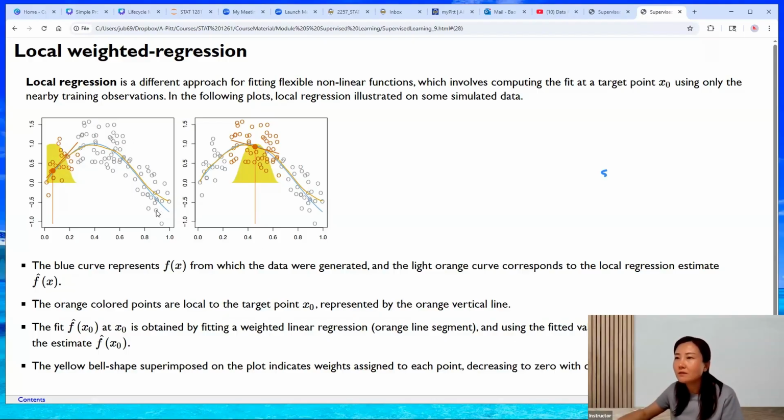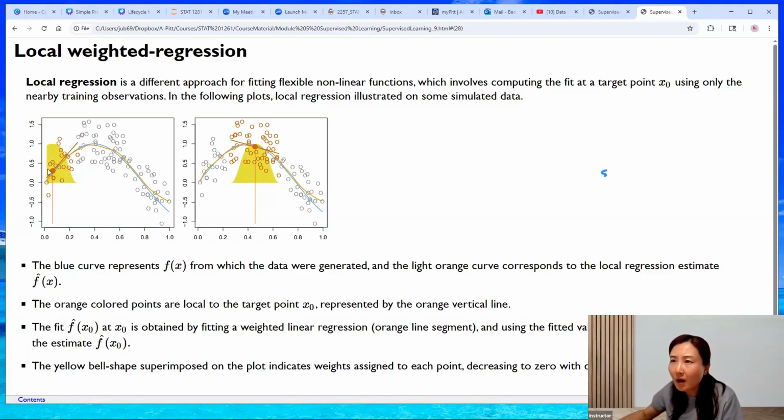Let's see this. This is a simulated data set. The blue curve corresponds to the true relationship, the true function between x and y. The orange curve is the fitted local weighted regression line. Then focus on this point.